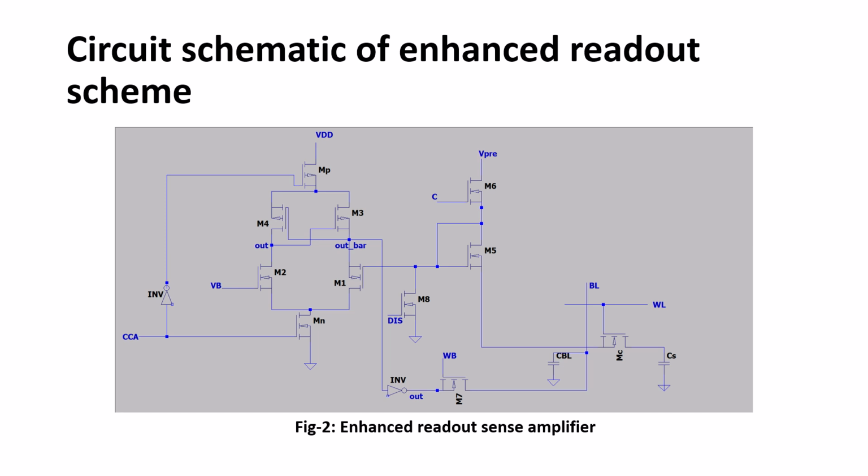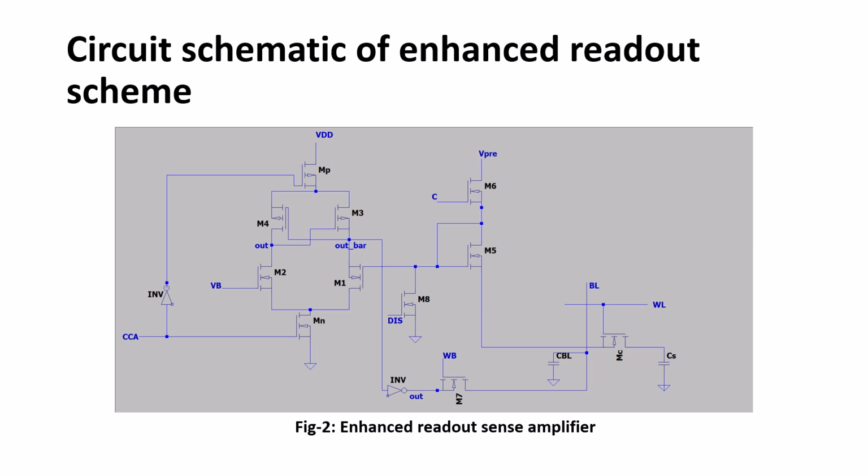The current pumping from this V precharge flowing through this M5 transistor is basically determined by the square law, that is the quadratic law. So the current flowing through this M5 is basically determined by this M6 transistor.